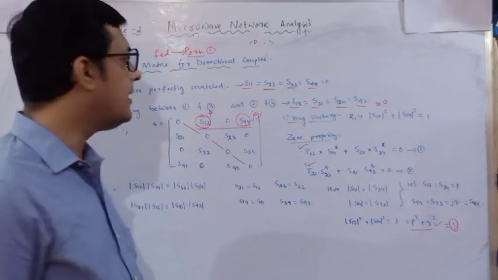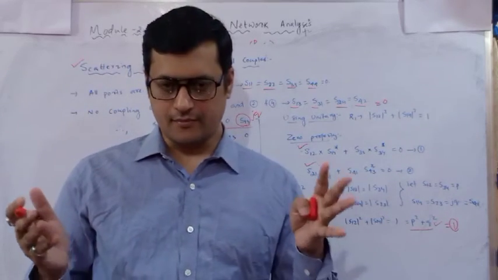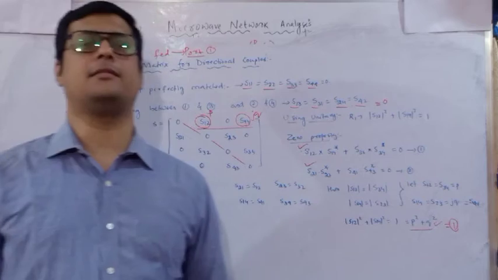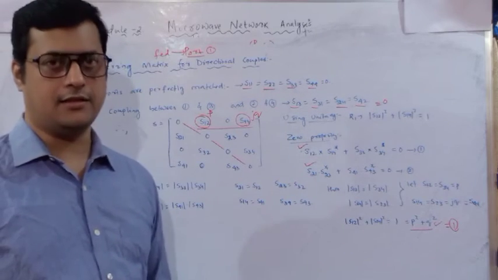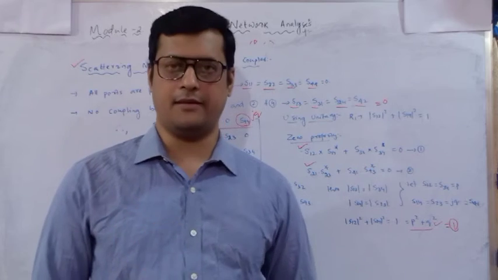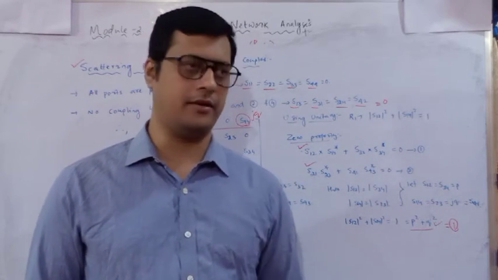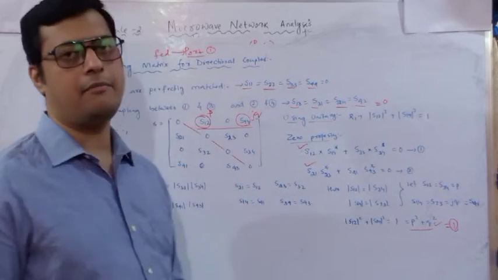But since the directional coupler, we are considering it as a perfectly matched condition, but the device may not be perfectly matched. For that case, you can consider the real part and imaginary component for the scattering parameters.